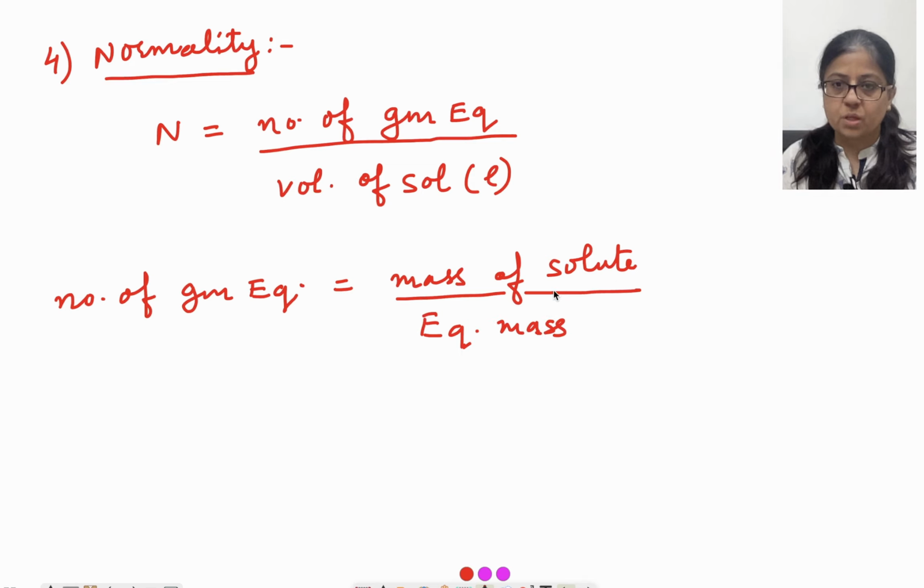You will put the value here and divide by volume of the solution in liters, and you will get normality of the solution.